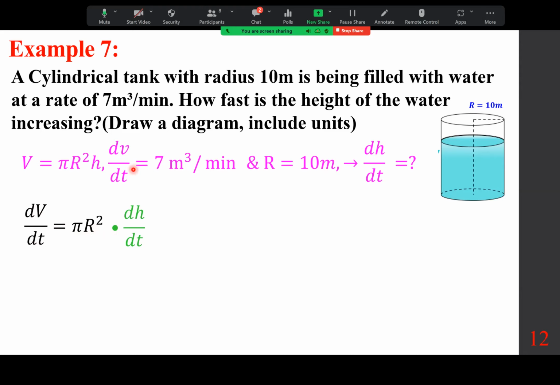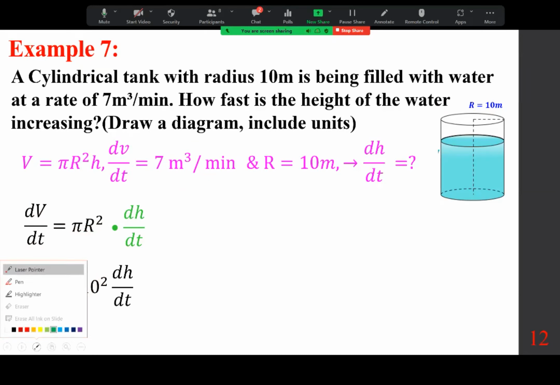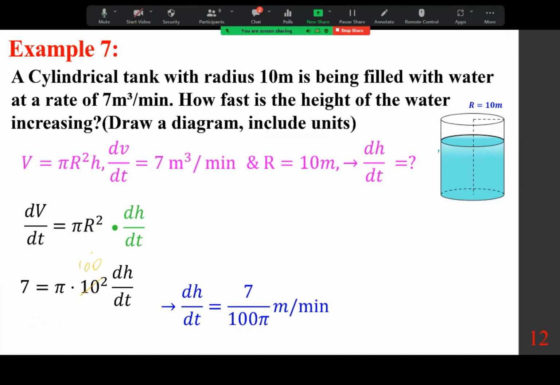So dv dt, replace it with 7. Pi, keep it. R, replace it with 10. So obviously this is 100 pi, divided by 100 pi, and dh dt is 7 over 100 pi meters per minute.